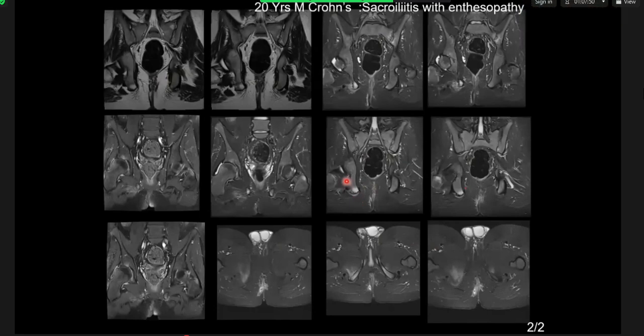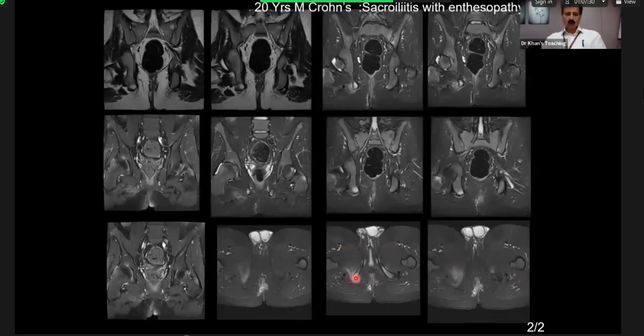So on these 3 axial STIR sequences, they're through the lower pelvis. So what is this bone and what is this bone?